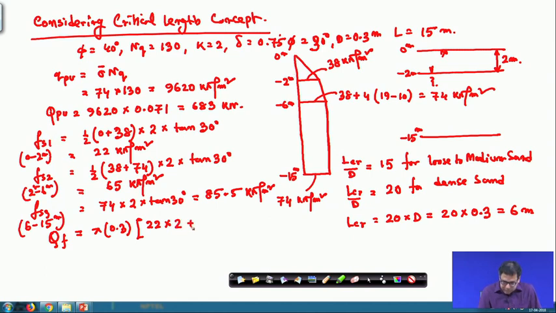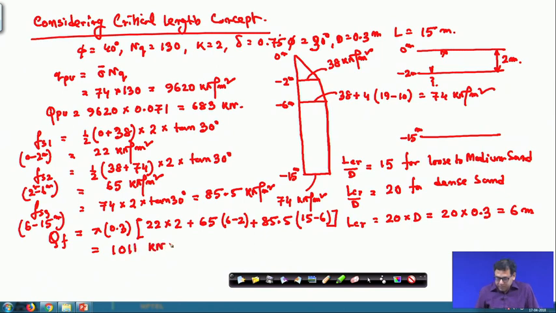So, 2, then F s 2 is 65, length is 6 minus 2, plus 85.5 and the length is 15 minus 6. So, that will be equal to 1011 kilonewton. Okay. So, this is 6 minus 2 and this is 15 minus 6.